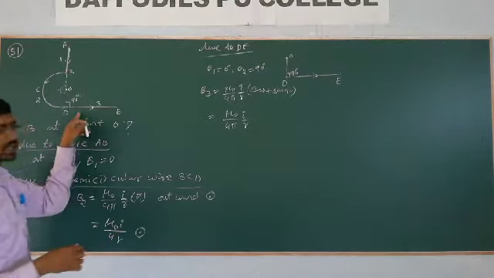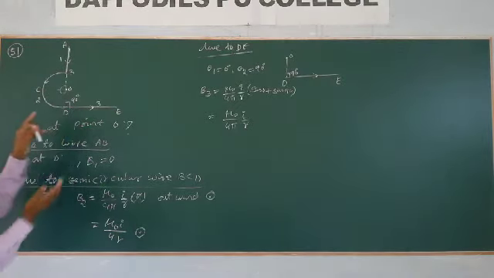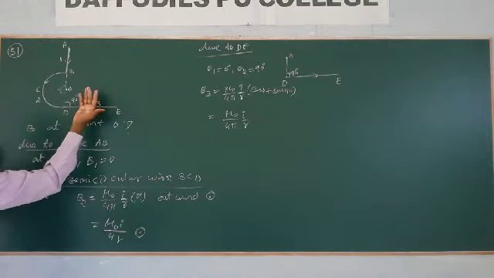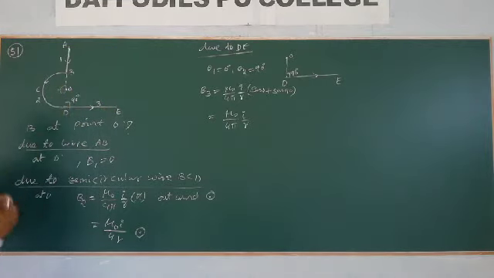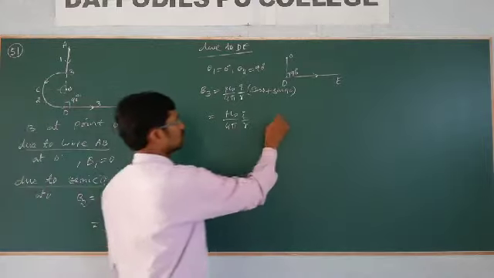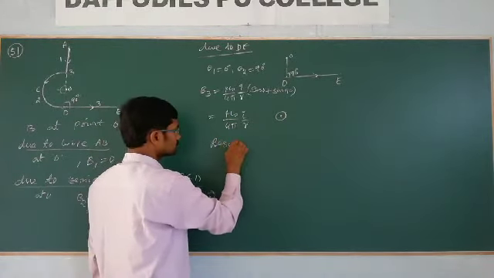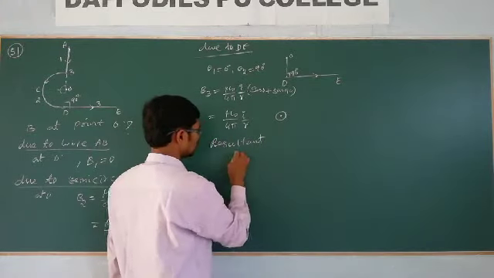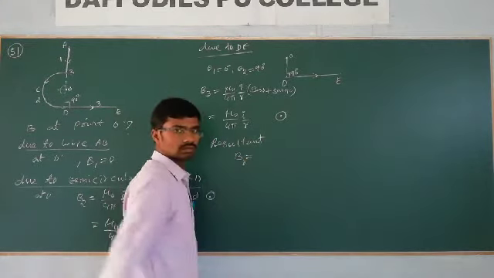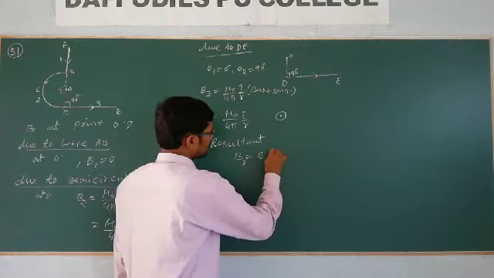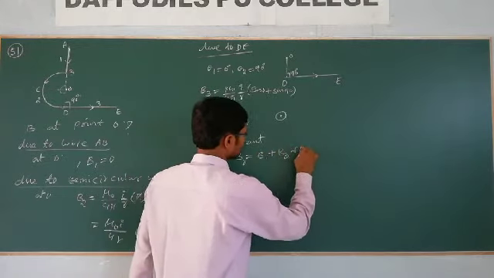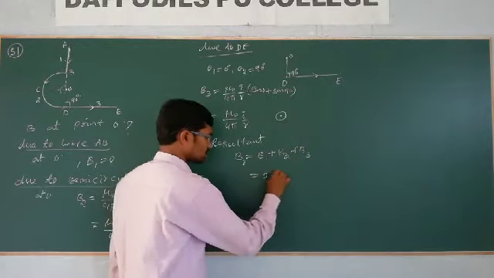Outward. So what is the direction of the magnitude due to this one? Current carrying, by thumb and third finger, which is outward. Then both are outward only. Then the resulting magnetic field B is equal to B1 plus B2 plus B3. Now B1 is 0.